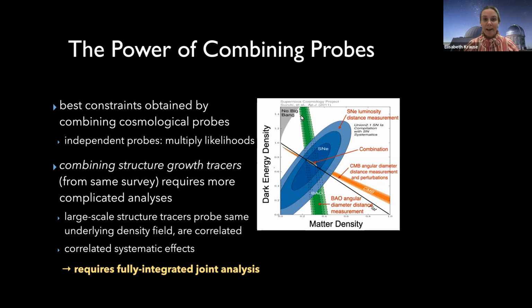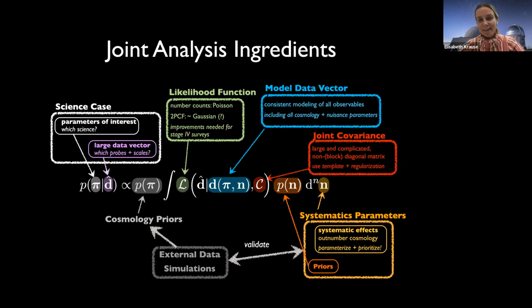However, if we want to combine these different tracers of structure growth, and maybe also from the same survey, that is with correlated systematics, then we cannot just multiply at the posterior level, but have to embark on fully integrated joint likelihood analyses, accounting for all the underlying correlations. That means that a lot of complications come in.